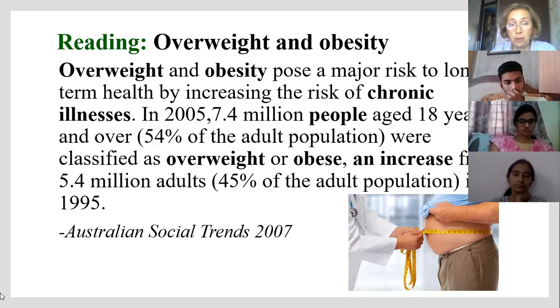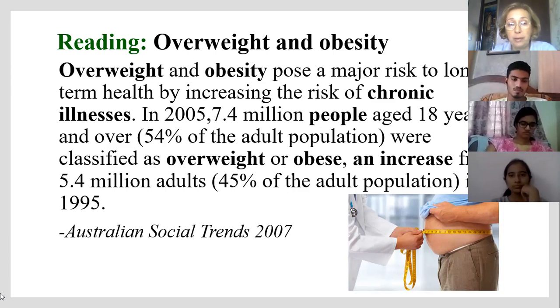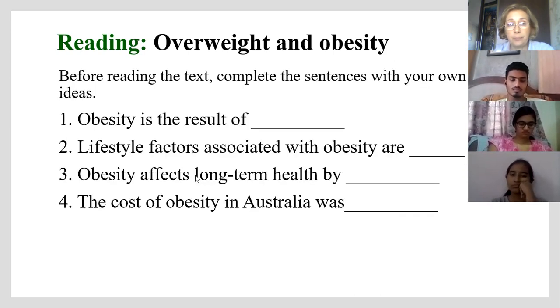For example, in 2005, 7.4 million people aged 18 years and over, which is 54% of the adult population, were classified as overweight or obese, an increase from 5.7 million adults, which is 45% of the adult population in 1995. This is the data from Australia, and we are going to read some information about this.